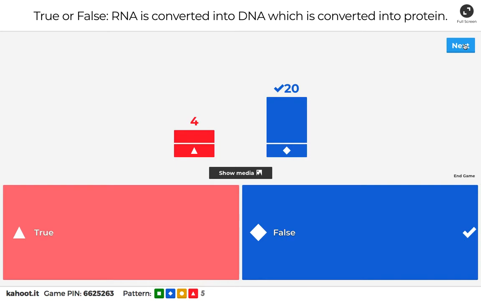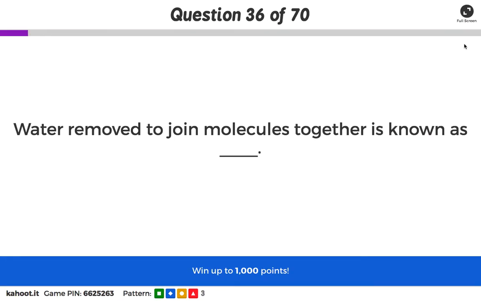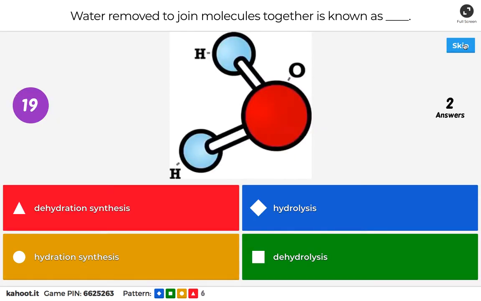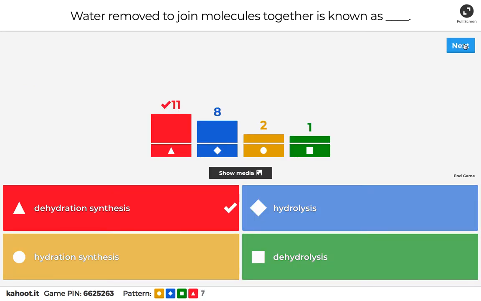It's the opposite. DNA is made into RNA. We talked about this one already. When you use water to build a polymer, dehydration synthesis is what it's called.